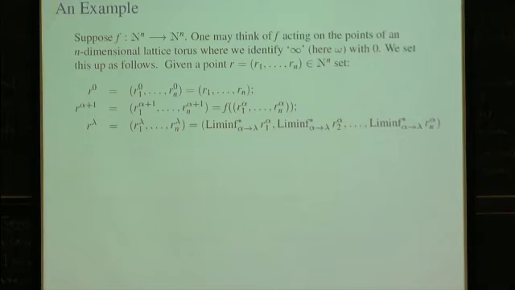And what follows on the next 3 lines are just how one could set up some definitions for iterating this function. So at the 0th point, we start out with some input, R1 up to Rn, so this is just a point on this torus. At successive stages, we apply the function to this point, and this gives us the coordinates of the next point here. And of course, we have to decide what to do at limit stages.